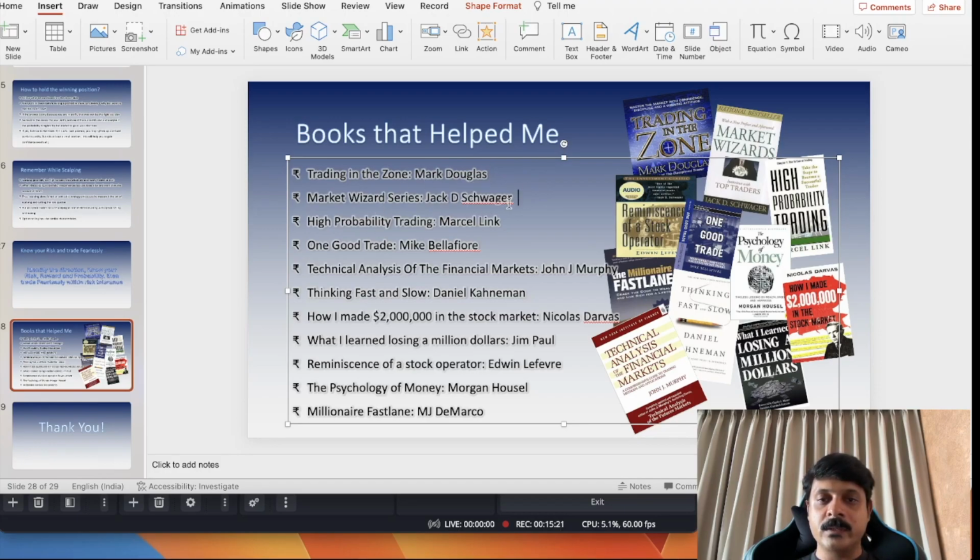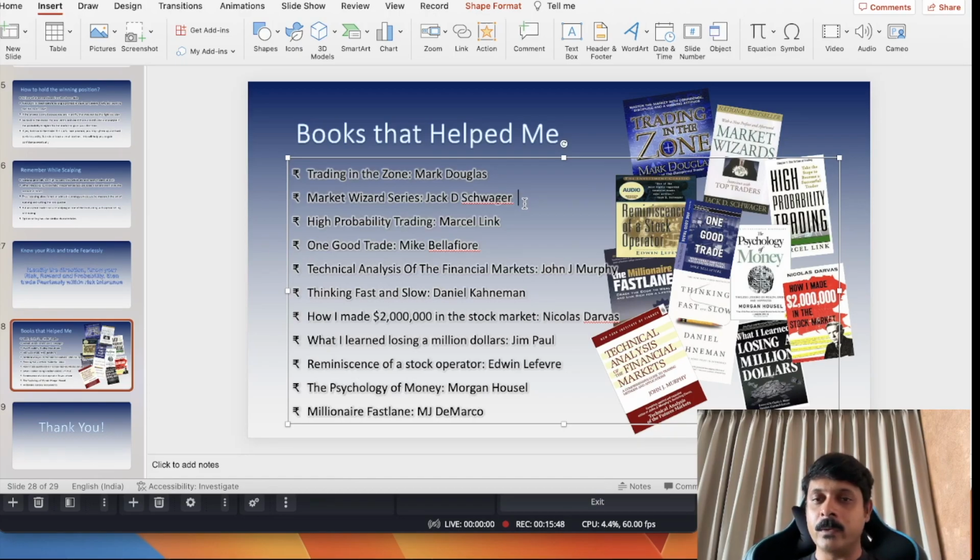And the Market Wizards series, Jack D. Schwager, it is the interviews with the world's prominent traders. Very good one, and you can understand how they do what they do, what is in their mind, how they manage risk, and how they became successful traders. It is storytelling, and like a non-fiction book, you can listen to the audiobook, or you can read it.